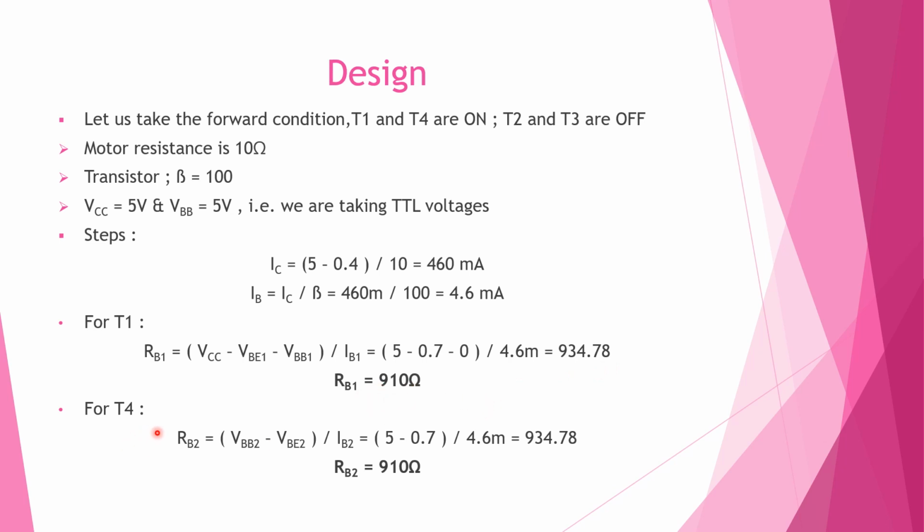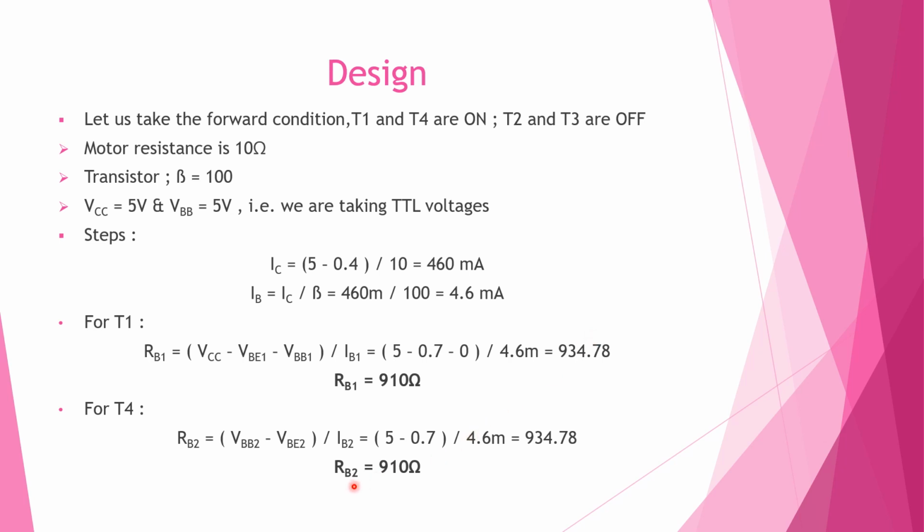Again the same for T4; this time it is an NPN transistor, RB2, and we give the high voltage at the NPN transistor base. So that is VBB2 minus VBE2, that is 5 minus 0.7, divided by the base current. Since all the transistors are the same, we take the same base current, 4.6 milliampere. 5 minus 0.7 by 4.6 milliampere gives 934.7, the same thing.